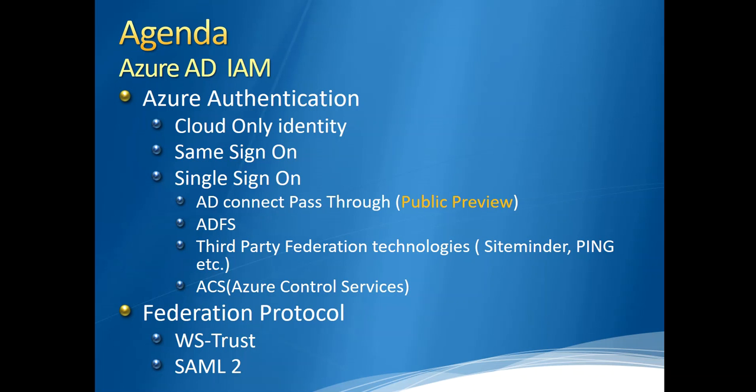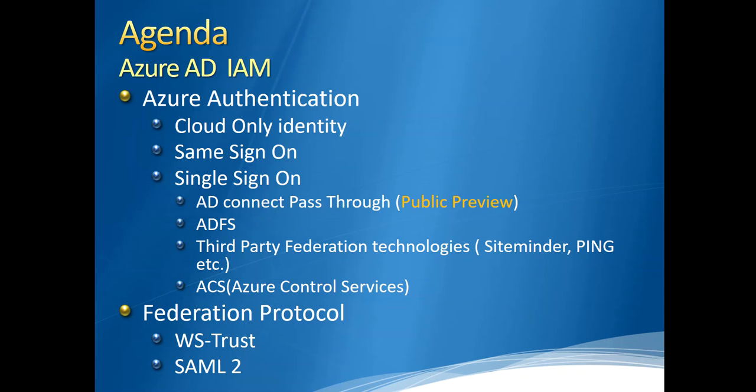So same sign-on is something wherein you sync your user ID and the password, and the user will use the same password which they have on-prem. But technically, these are two different identities, one in cloud, one on-prem. So that's same sign-on. In single sign-on, you have only one set of identity and one set of password, which is sitting on-prem.